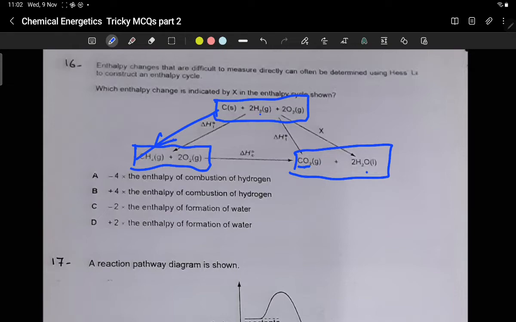So 4 into enthalpy change of combustion of hydrogen is not correct, because this is formation, and the question is which enthalpy change is indicated by X. So this is water, 2 moles of water is formed. So plus 4 into enthalpy change of combustion is not correct. Minus 2 into enthalpy change of formation of water.